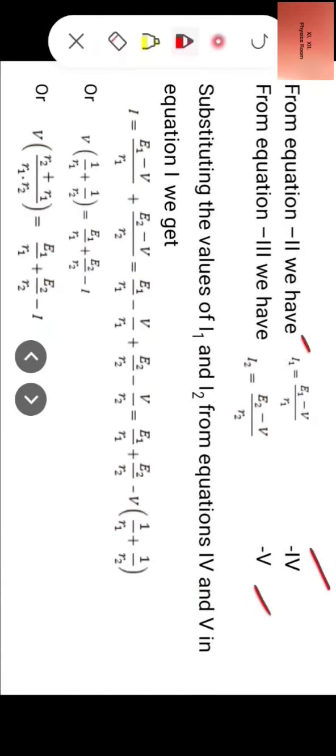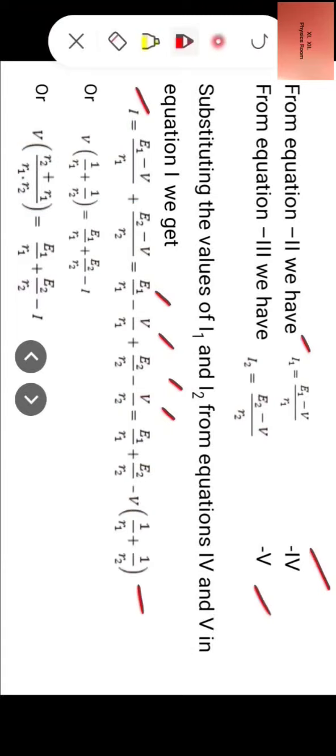Now substituting the values of I1 and I2 from equations 4 and 5 in equation 1, we get I equal to E1 minus V by R1 plus E2 minus V by R2, or E1 by R1 minus V by R1 plus E2 by R2 minus V by R2, or E1 by R1 plus E2 by R2 minus V into 1 by R1 plus 1 by R2.